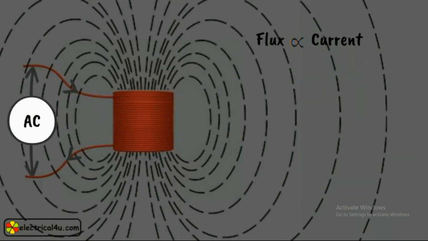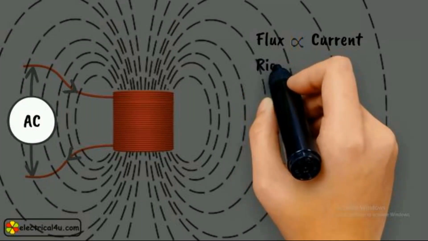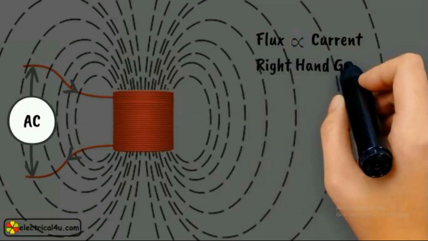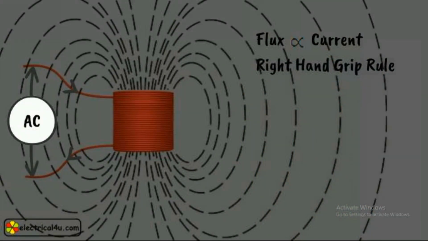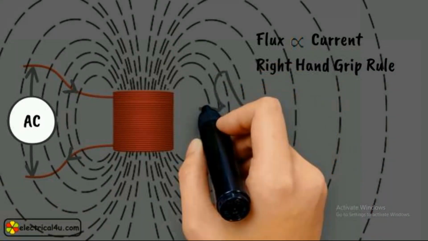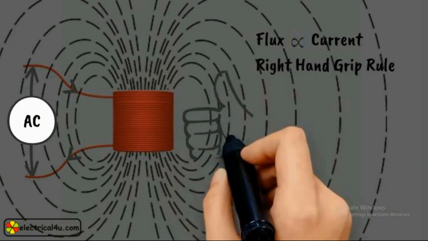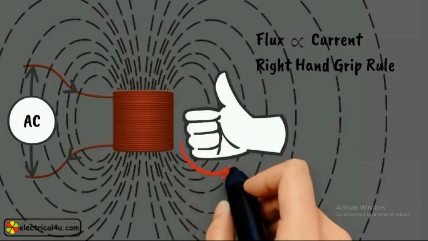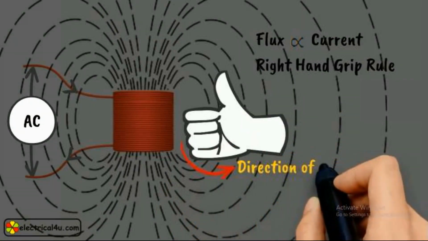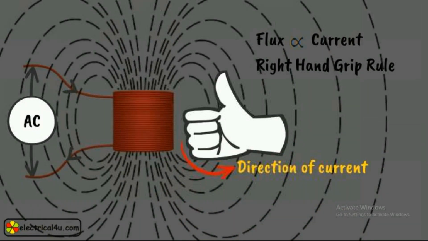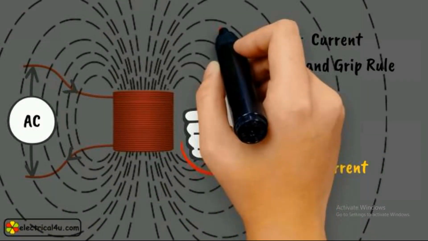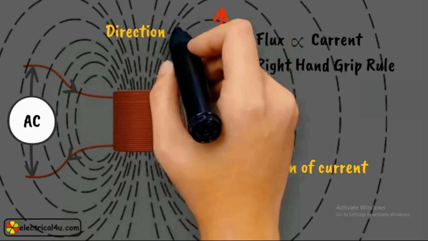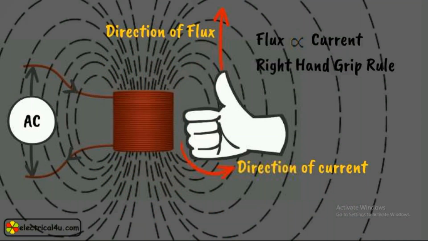The direction of the current in the winding can be found out by applying the right hand grip rule. This rule states that when we grip our right hand with the thumb stretched along the axis of the coil or winding and the other four fingers along the direction of current in the coil, then the thumb indicates the direction of produced flux inside the coil along the axis.